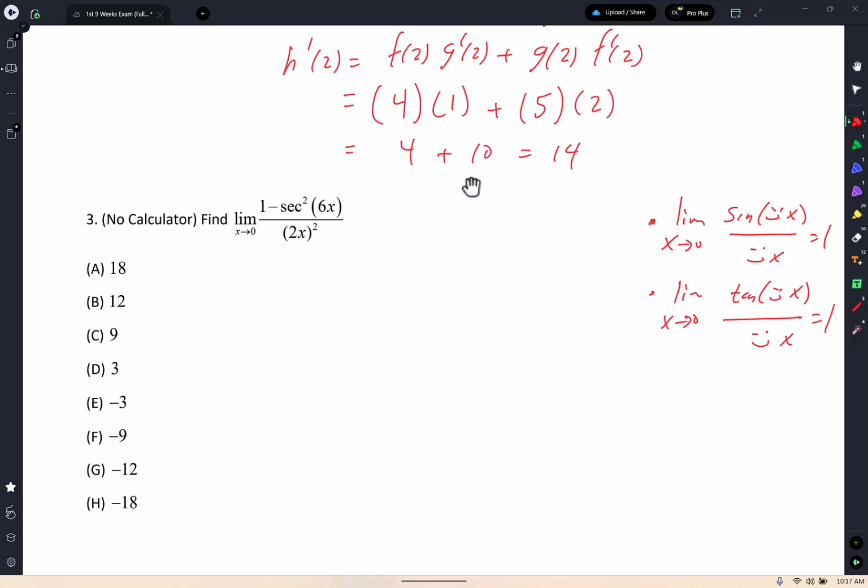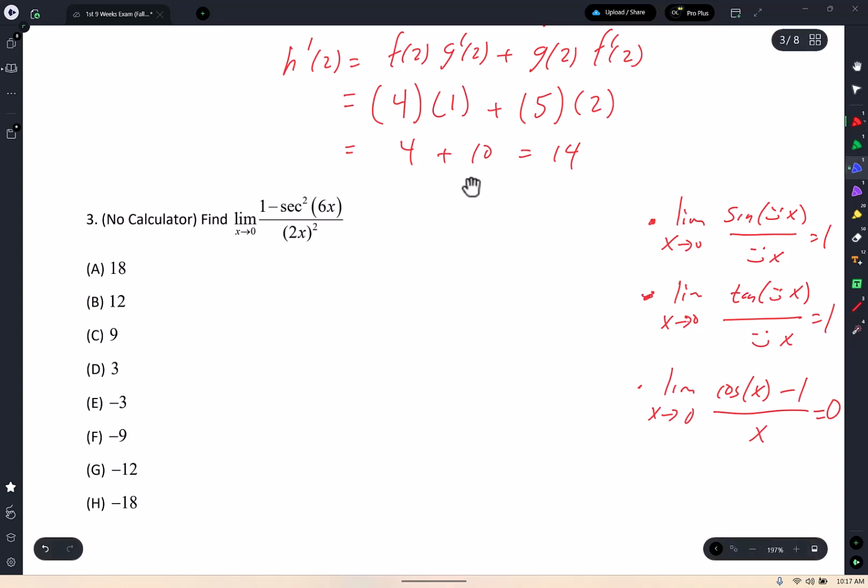What else do you guys know? Limit as x approaches 0 of cosine x minus 1 over x equals 0. Which one am I going to use from all three of those bullets? Probably the tan one.